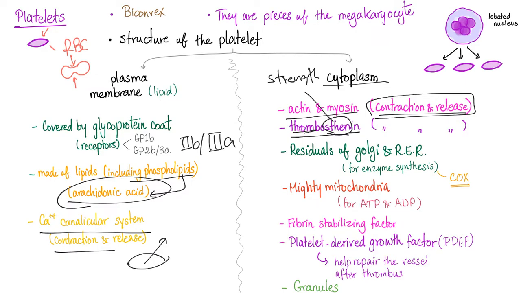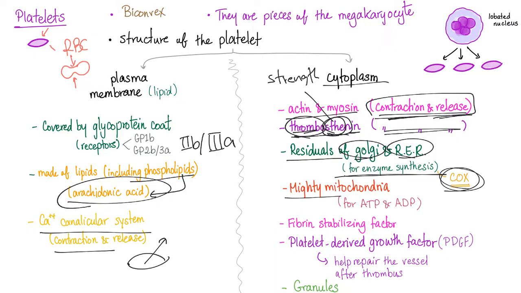So thrombosthenin, the protein that's strong in the platelets, again, it's going to contract and release. Release what? Release the granules. Wait. Good things happen to those who wait. Platelets have residuals of Golgi and rough endoplasmic reticulum. Why? For enzyme synthesis. The mighty mitochondria to produce ATP, and of course they need ADP.